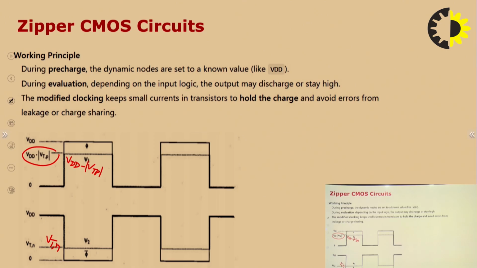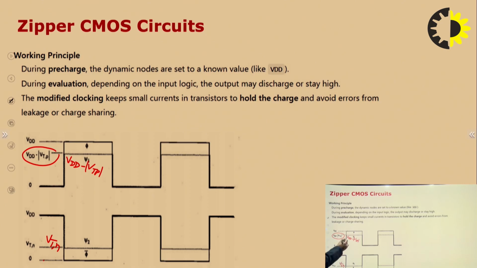The advantage of having this clock scheme is that during logic 0, your transistor is not completely off, it is in weak conduction mode. Here instead of 0 volt, we are giving VTN, so your transistor is in weak conduction mode. So if there is any leakage problem occurring in the circuit, it can be compensated by weak conduction of the transistors.